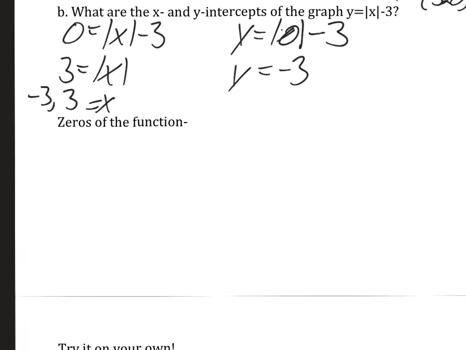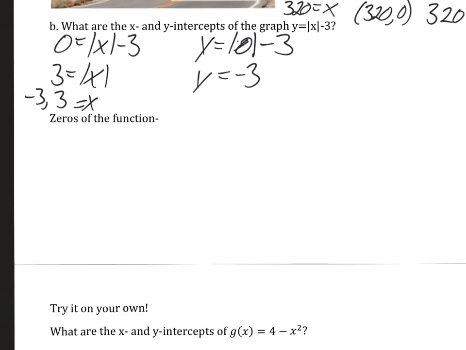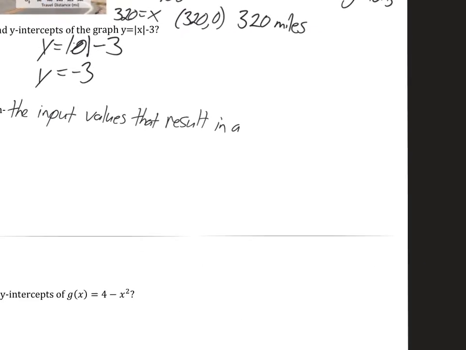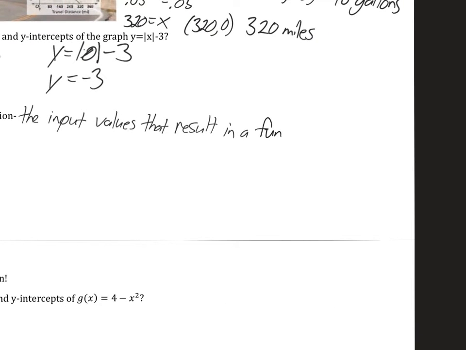The very last part, zeros of a function, is the input values that result in a function output of 0.